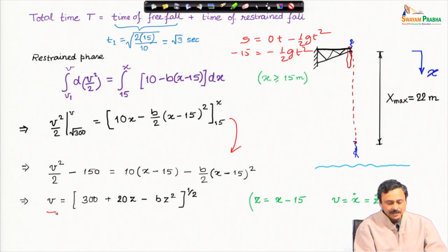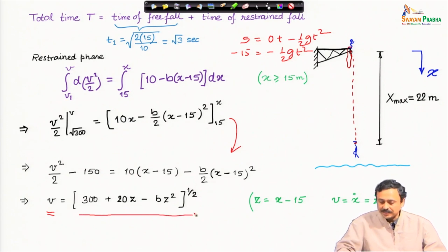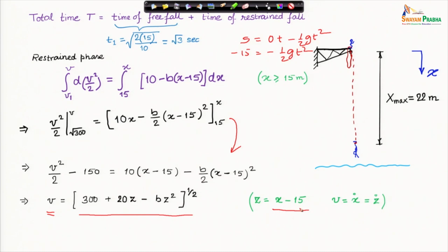Finally, what I have is this velocity in this form, where z, I am making a redefinition, z is x minus 15, and if you differentiate this expression, z dot is x dot, which is v. Therefore, my v is actually z dot. So, v is nothing but z dot.